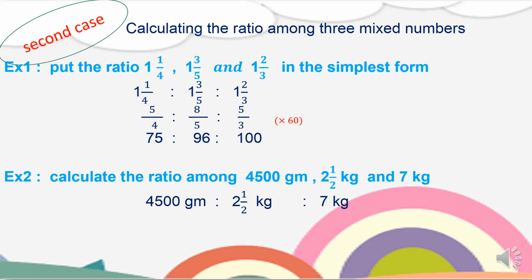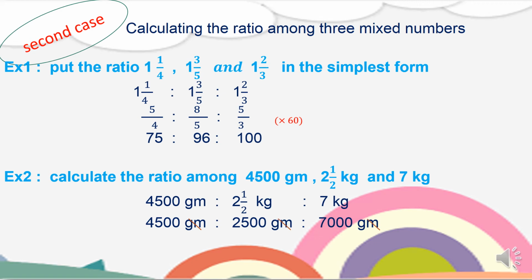4,500 grams and convert kilograms to grams. To convert from kilograms to grams, multiply by 1,000. So I keep 4,500 grams and multiply 2.5 times 1,000. I will get 2,500 grams, and multiply 7 by 1,000. I will get 7,000 grams. Now I have three quantities in the same unit, so I cancel the unit.